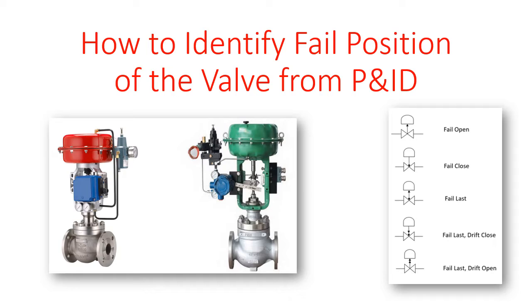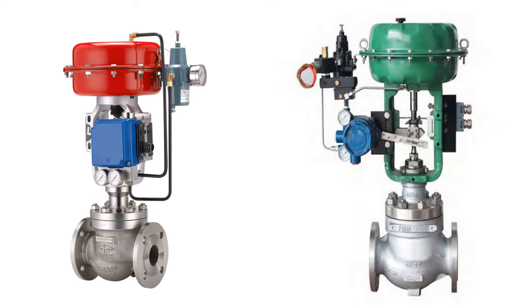So when these driving forces fail, the process designers' requirements suggest that the valve moves to a certain predefined position so that the process can be saved from undesired consequences, right? So that is the reason why the valve fail position is required.